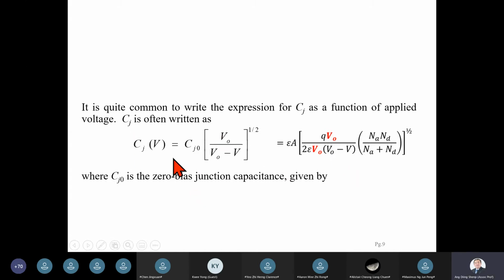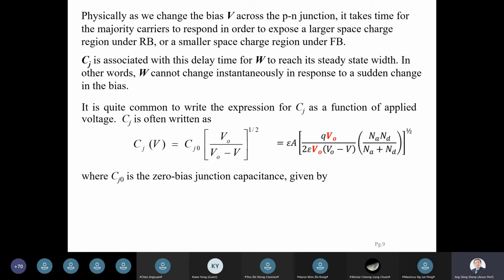So this is the alternative way of expressing CJ in terms of CJ naught, but it doesn't change the original expression. So this is the CJ naught. As you can see, when VA is 0, or when the external voltage V is 0, you only have this term V naught here.